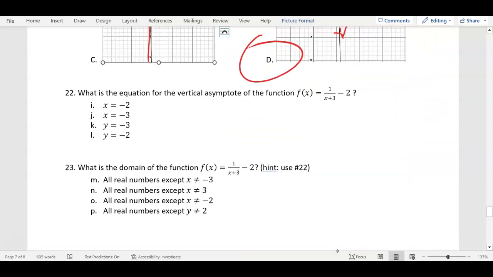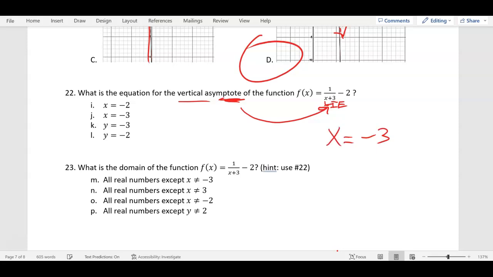Now, what's the equation for the vertical asymptote? So the vertical asymptote has to do with which way it's shifting left and right, which is right here. Just remember, it's a lie. So that's a lie. So that means it's negative 3. And remember, if it's vertical, it's going through the x-axis. x equals negative 3.